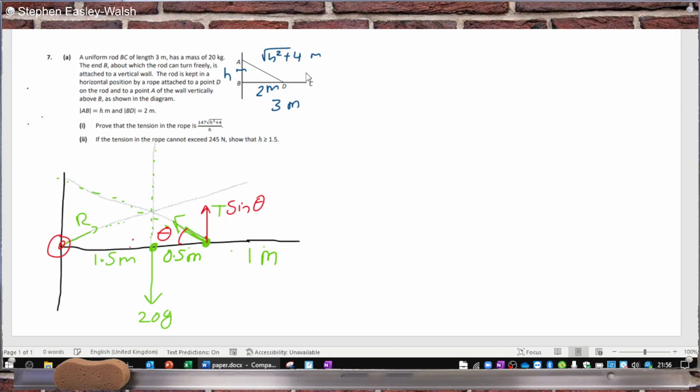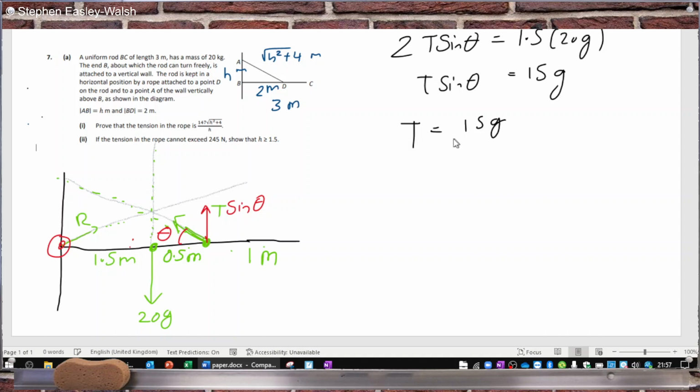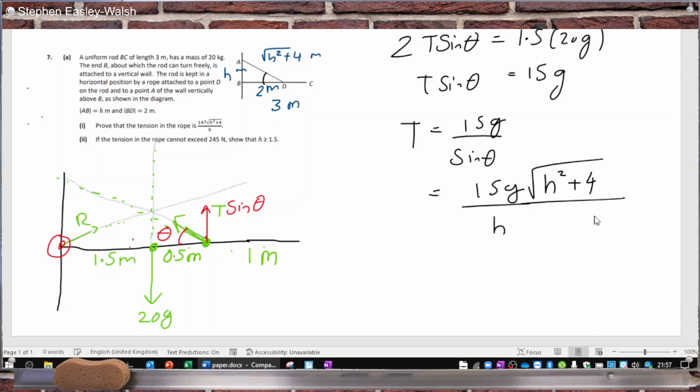So I have then that 2T sine theta, that's the anti-clockwise moment about the hinge, that should equal 1.5 times 20G. So that means T sine theta equals 15G, because I can cancel 10 down to 10 and make that 15. So I can get T is 15G over sine theta, and sine theta is opposite over hypotenuse. So that's 15G H, and then root H squared plus 4.